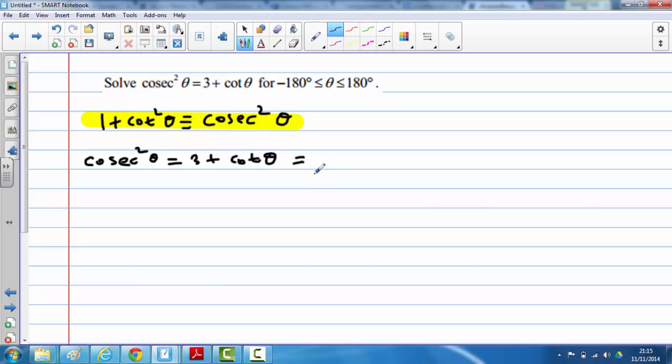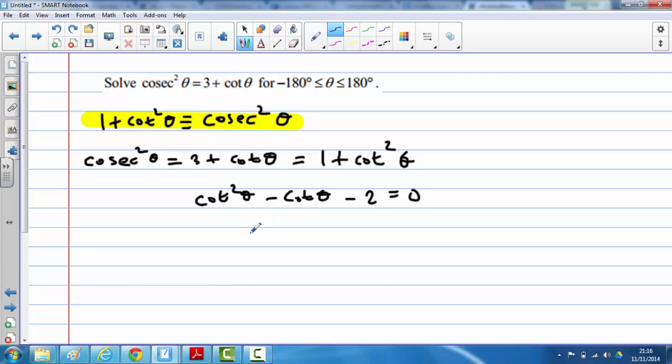That's what's given to us. But we also know this equals 1 plus cot squared theta. So cot squared theta minus cot theta take away 2 equals 0, and that 2 is really from the 1 take away the 3.